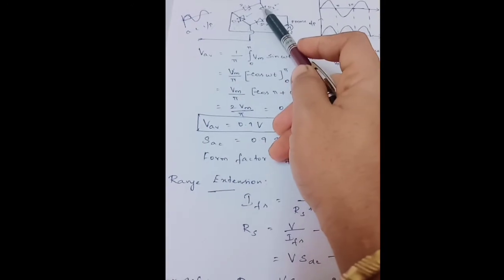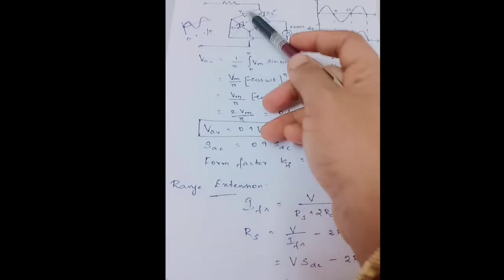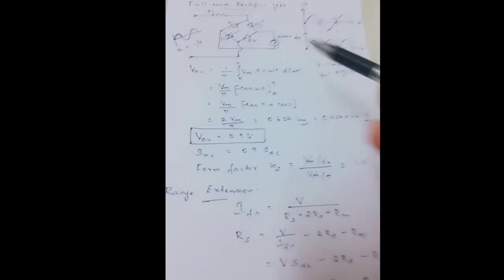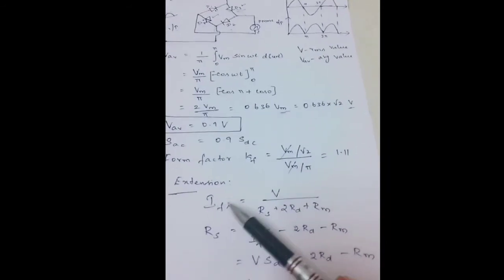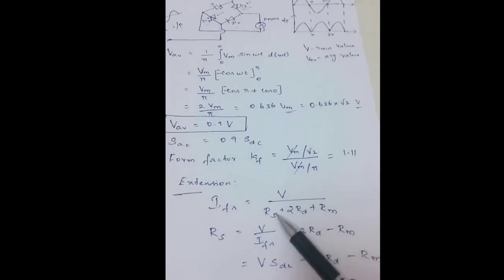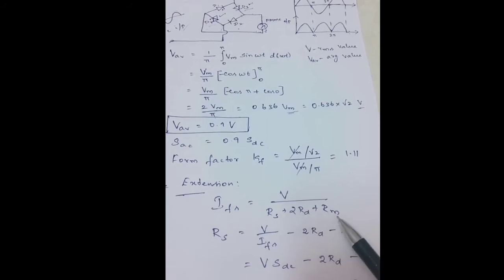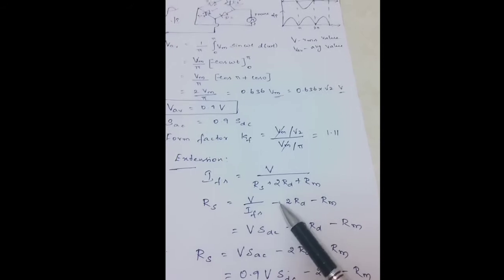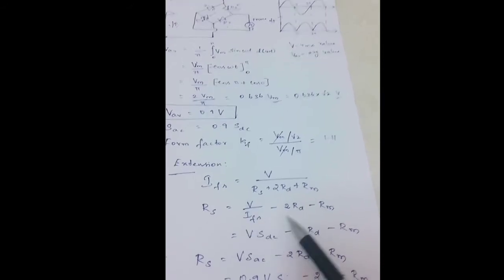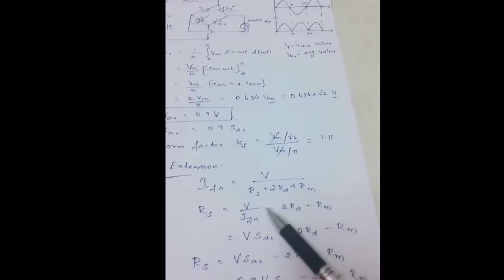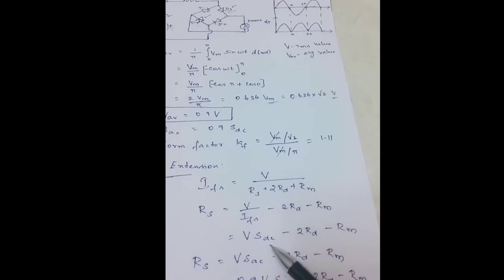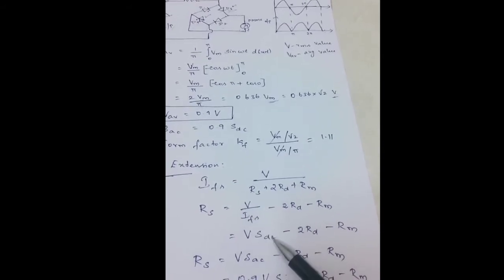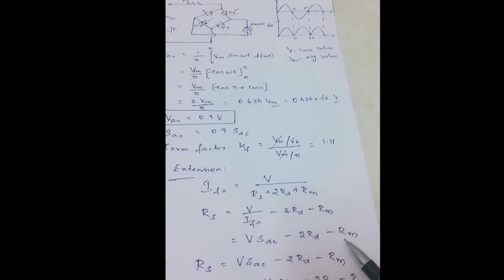At any instant, two diodes will be conducting. So I am writing IFS is equal to V by RS plus 2 RD plus RM. The series resistance equation we can derive like this: RS equals V by IFS minus 2 RD minus RM. 1 by IFS is the sensitivity, so RS equals V into SDC minus 2 RD minus RM.